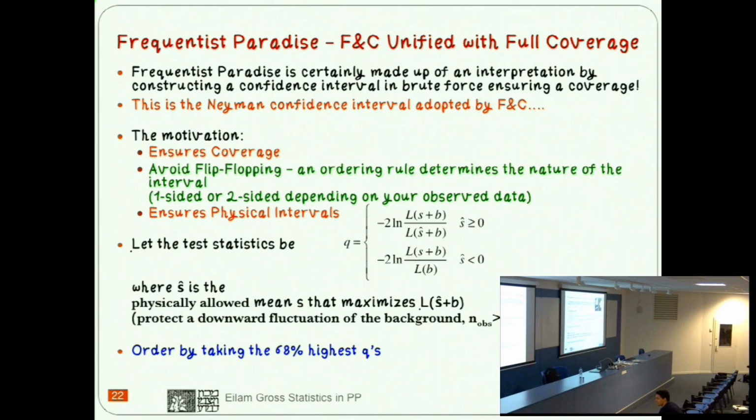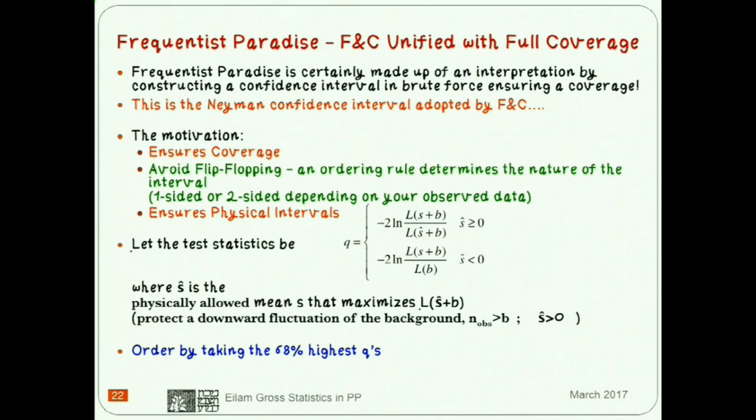It's built into the Neyman construction. I showed you this one observation gave us, using the belt, a measurement, and somebody asked me what happens if the observation occurs right at the zero, when the true signal is zero? And the answer was that then you set a limit.